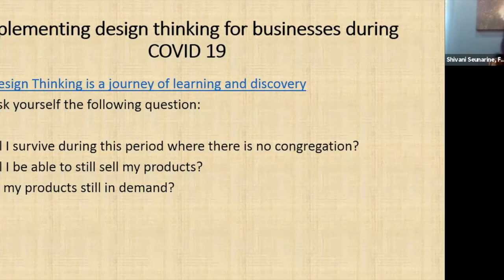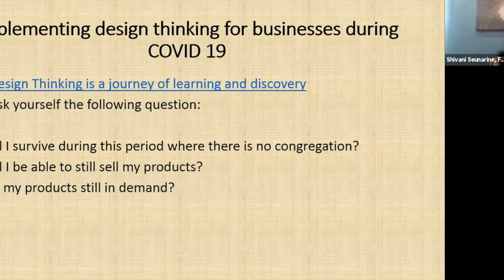Do people still want the jewelry that we are selling? Do people still want the crochet that we are selling, the bags? Do they still want a bottle of wine? People will still want, right? But we have to now become even more innovative, use the design thinking approach to rethink how we are doing our business operations.